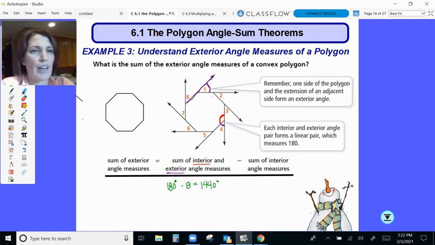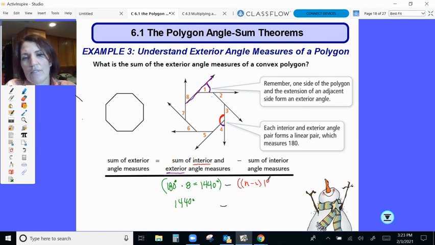But we don't want all those angles, right? We want just the exterior. So we're going to subtract the sum of the interior angles, all the inside. Let me put this in parentheses here so we don't mess this all up. So there's going to be 1440 degrees here, and we're going to subtract my sum of my interior angles. If you remember, that's my n minus 2 times 180.